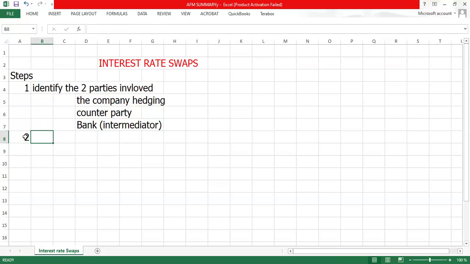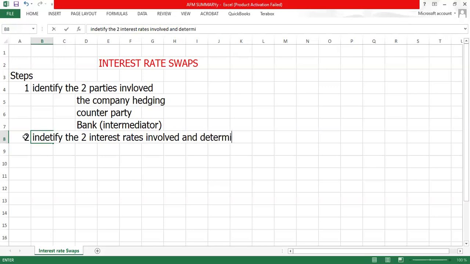the two rates, identify the two interest rates involved, and determine the difference between the two rates.